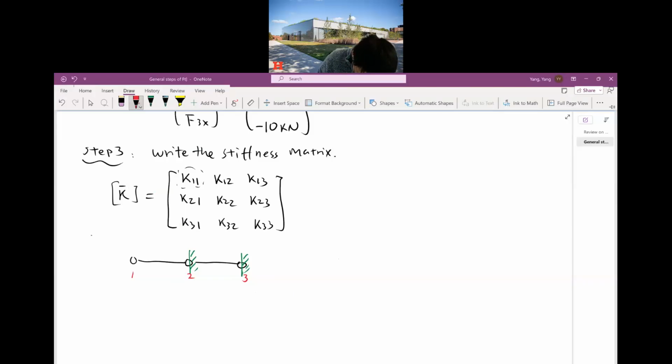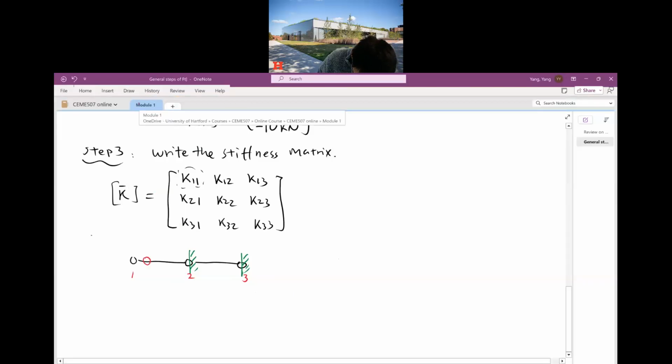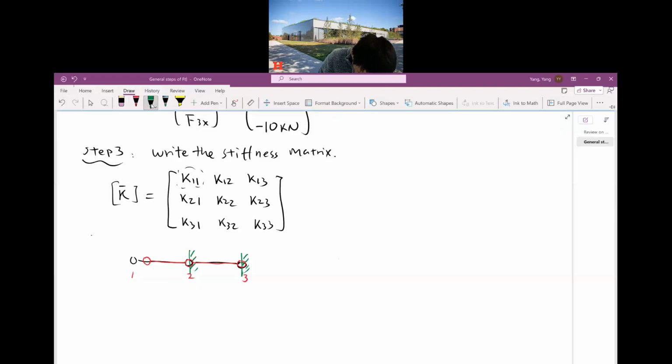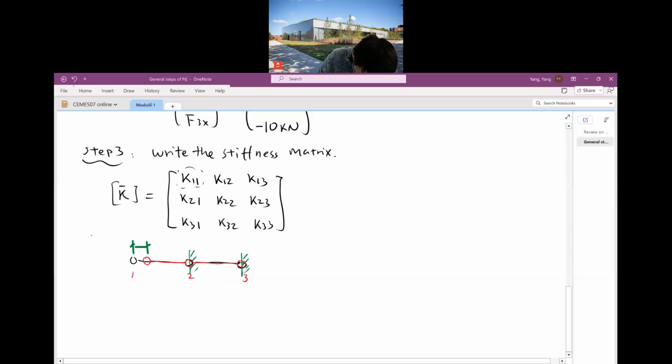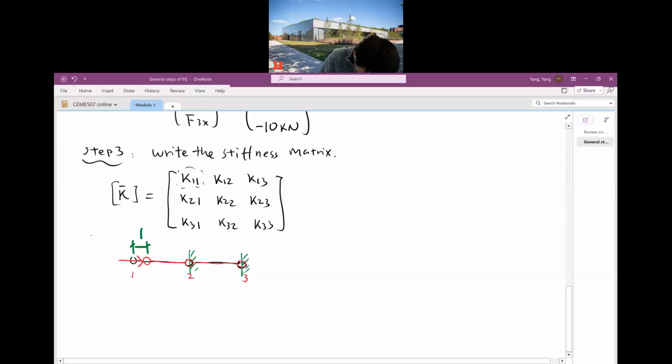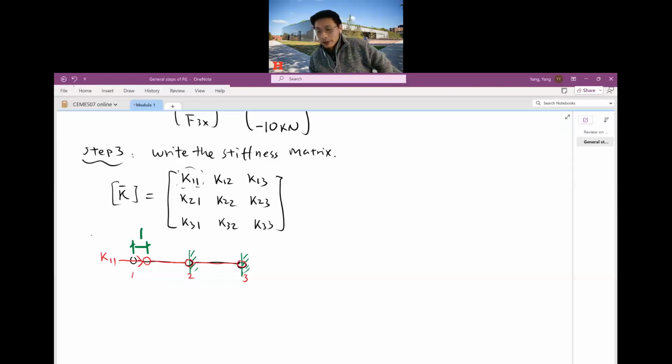So if we have a force in K11 here, the K11 will induce a unit displacement at node 1 in the positive direction. So based on mechanics of materials, I think you should be able to tell the magnitude of the K11, right?